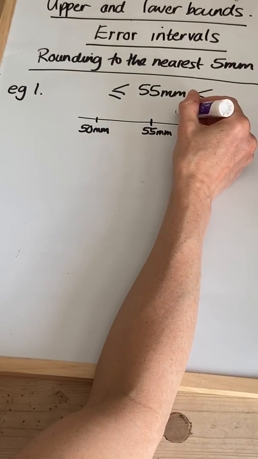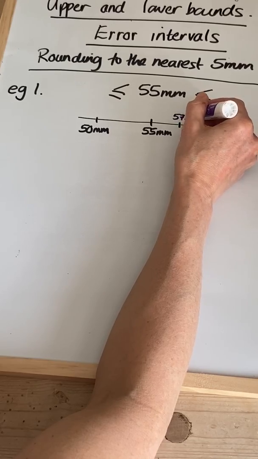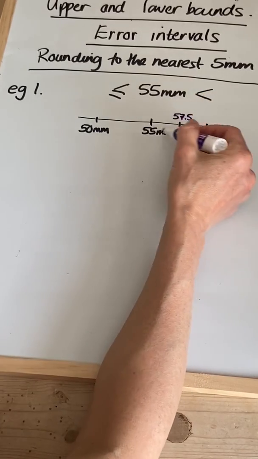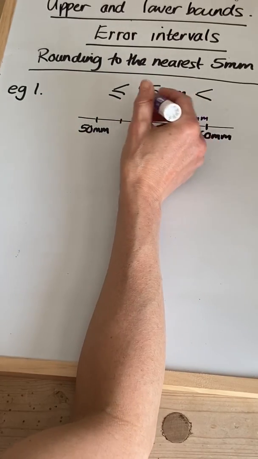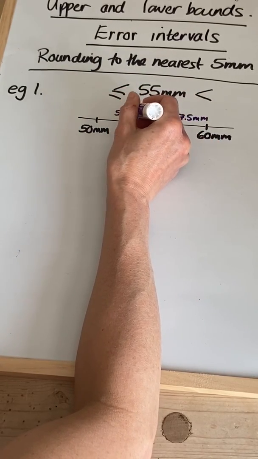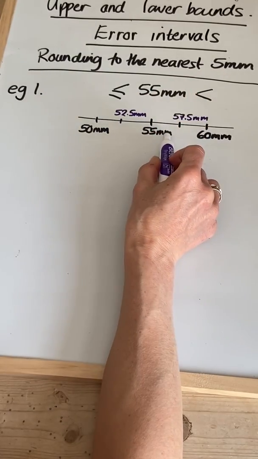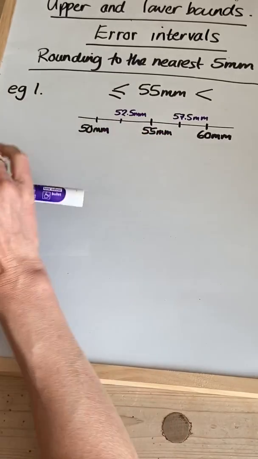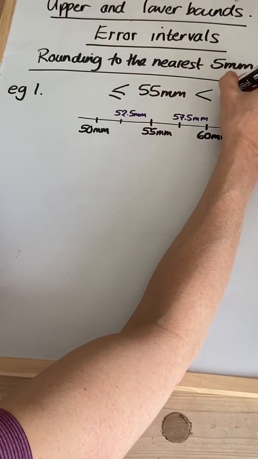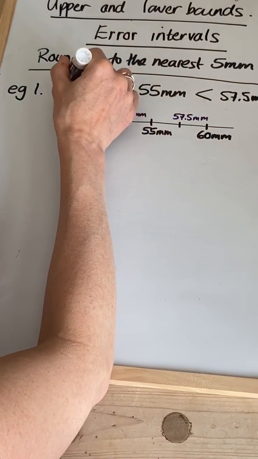So we're going to split that in half, and that on this occasion is going to give us 57.5, halfway between 55 and 60. And here I'm going to be at 52.5, again halfway between 50 and 55. So my upper bound is at 57.5 and my lower bound is at 52.5.